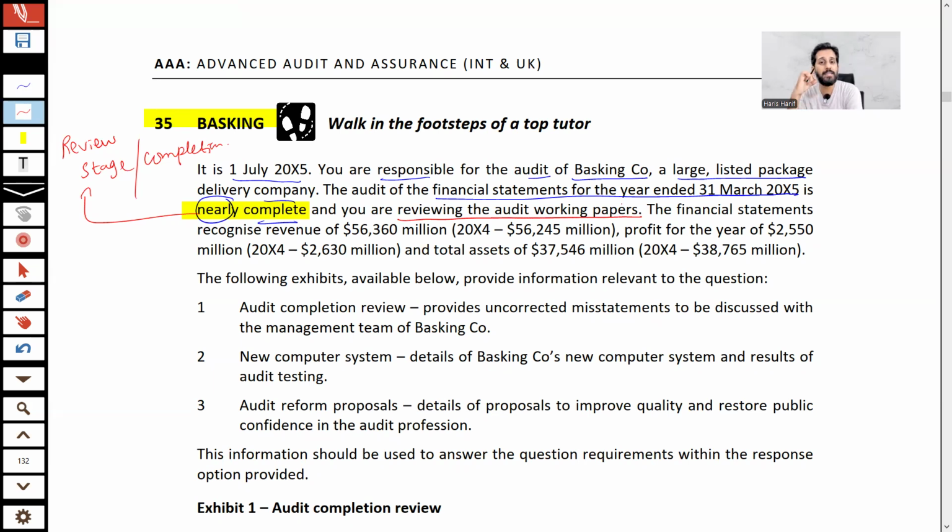And you are reviewing the audit working papers. What does it mean? It means that the audit has been done, all the evidences had been collected, and you are reviewing the audit working papers. So that means the audit has been done and evidences have been collected.